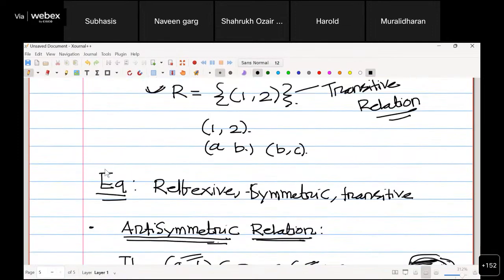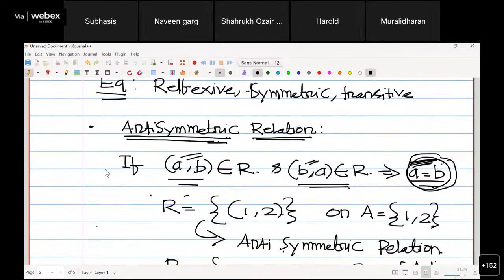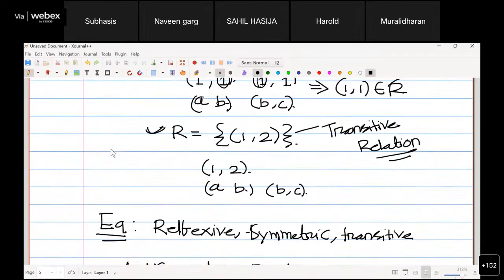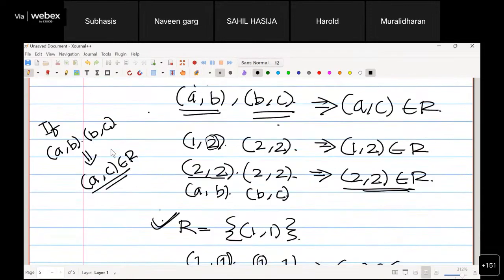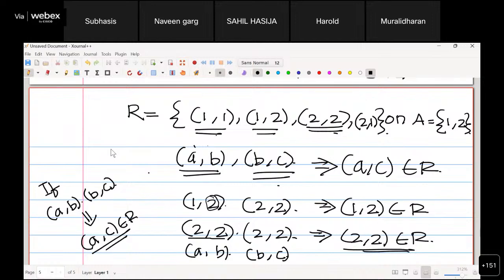Someone was asking something about transitive relation. Sir, in the previous question, elements were repeating. Is that okay?